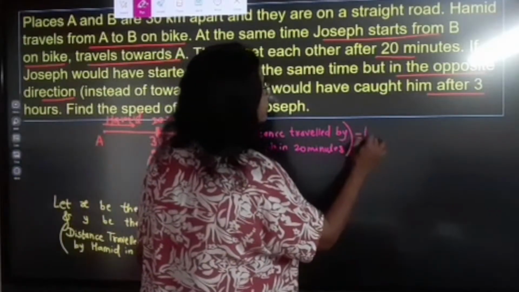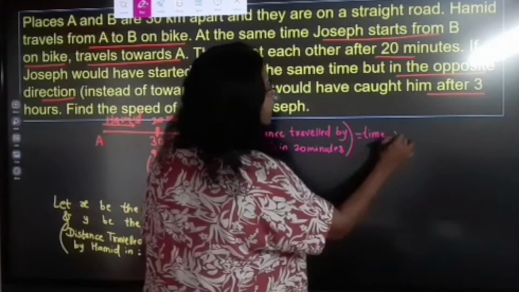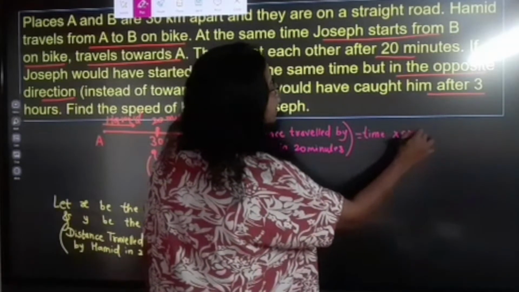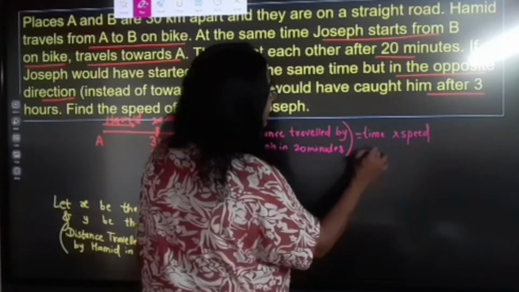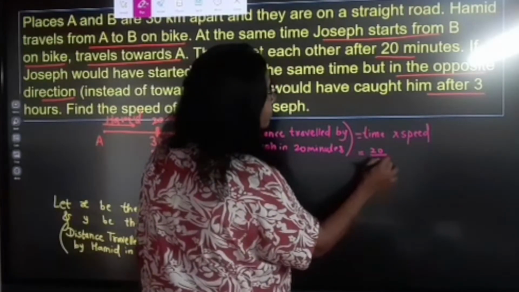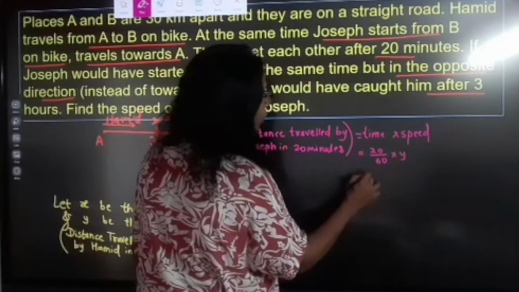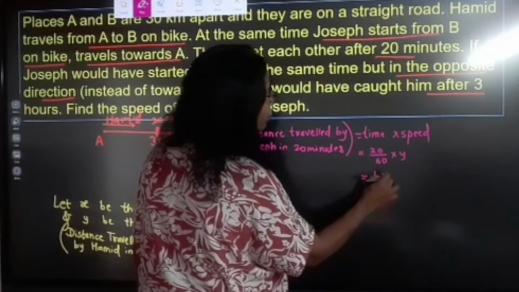Same formula, time into speed. So the time will be 20 upon 60 and the speed is y. So here 1 upon 3 y.